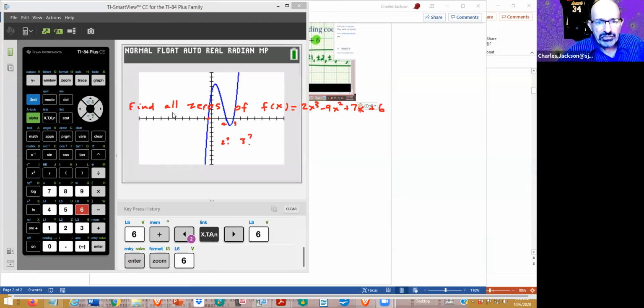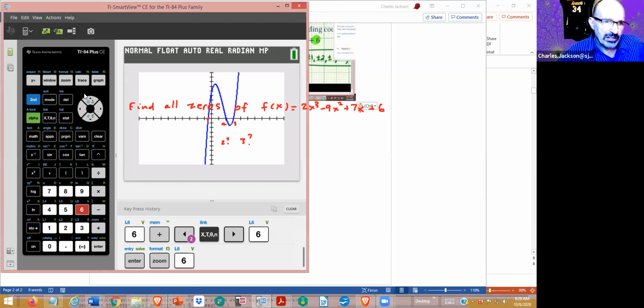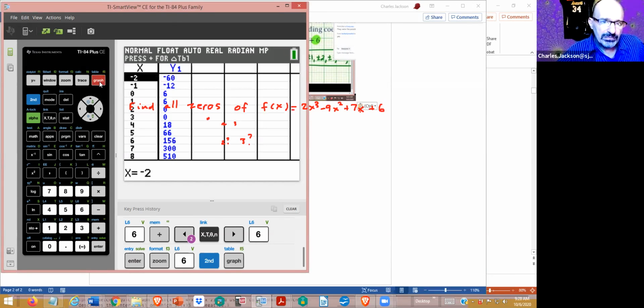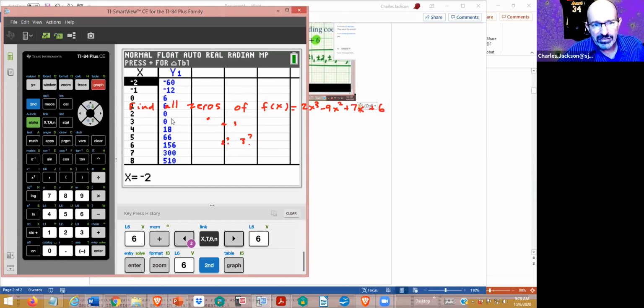Now I just want an even better idea about these by going to the table. Second graph is table. What about those suspected zeros? Yeah, 2 and 3. Table says, yeah, definitely investigate.